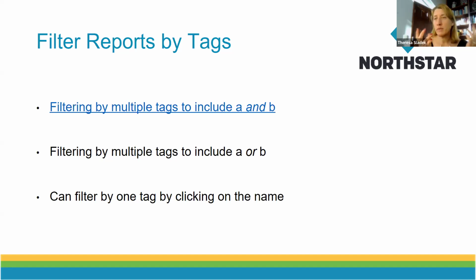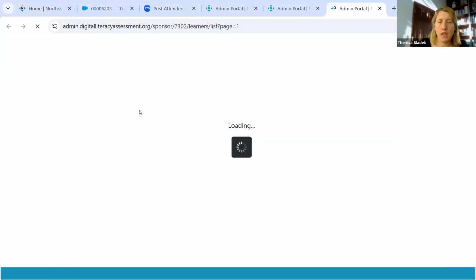I want to see only those people that are in both. I could run that report. But maybe I want to see people who are either in my email class or in my Word class. So that would be a bigger number of people, right? So we can run all those reports by using the filtering button.